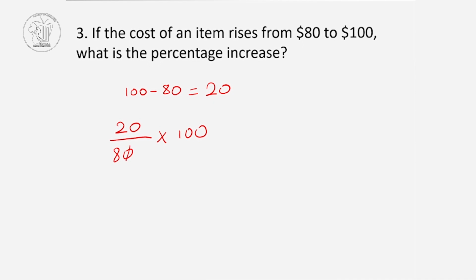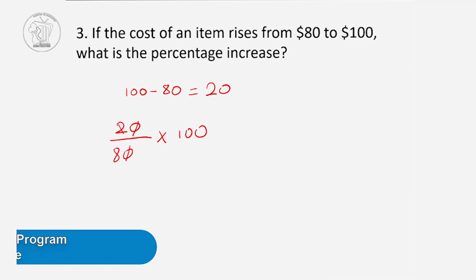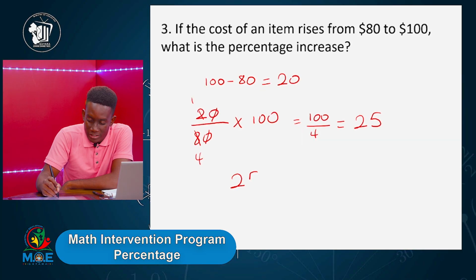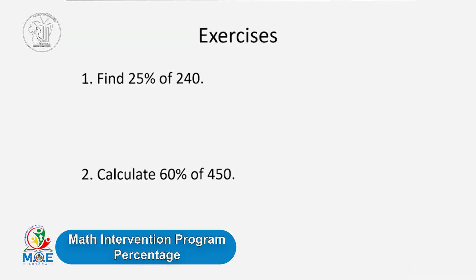So this 0 will go with this 0. 2 ones 2. 2 divided by 8 is 4. So we have 100 divided by 4 would give me 25. So it's 25% increase. Alright, so now let's continue.